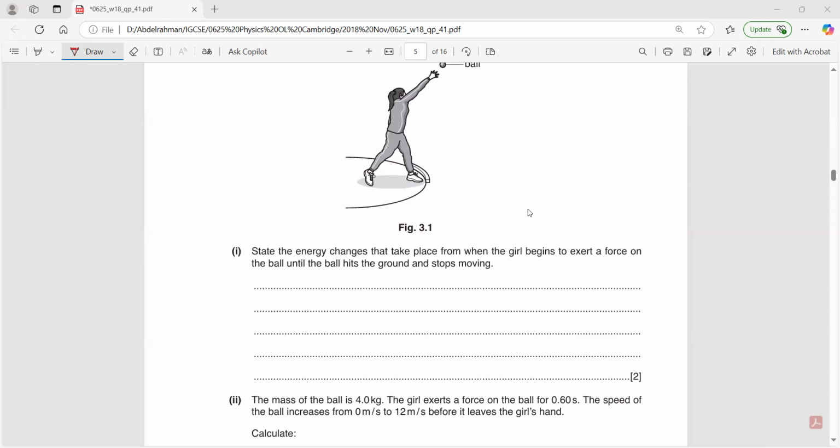And then it could be changed to gravitational potential energy as it rises up. Let's write down chemical energy to kinetic energy and gravitational potential energy as it rises up.